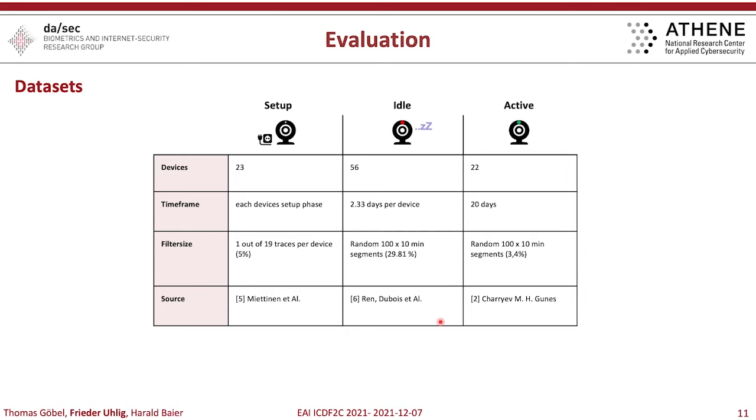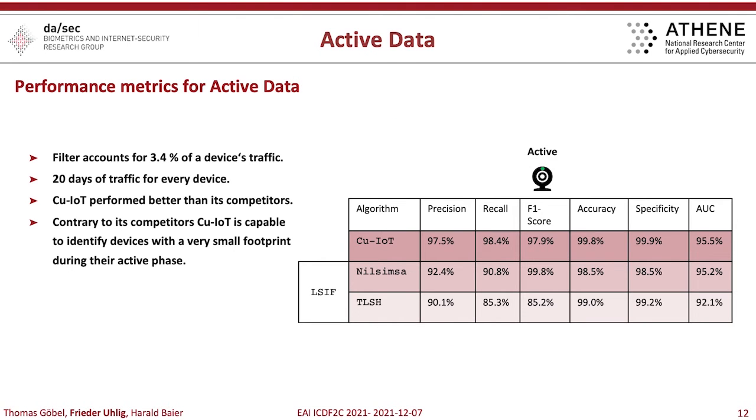Then there is the active data set, the original data set, with 22 devices collected over 20 days by Shariyev and Kunz themselves. And first of all, let's start with the active data. And right off the bat, we see that CU IoT was more successful than its competitors, Elsif, that either incorporates NIL-SIMSA or TLSH.